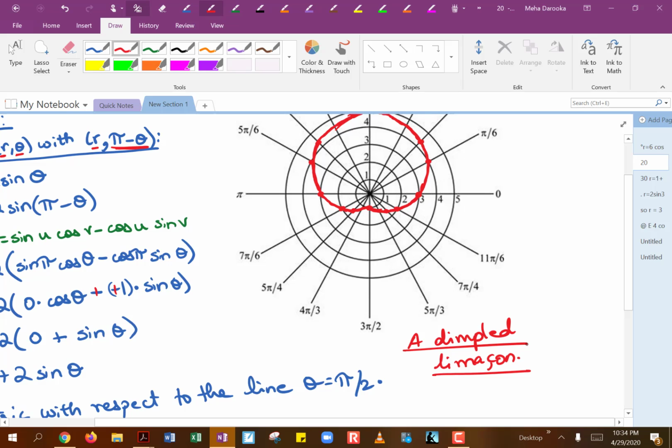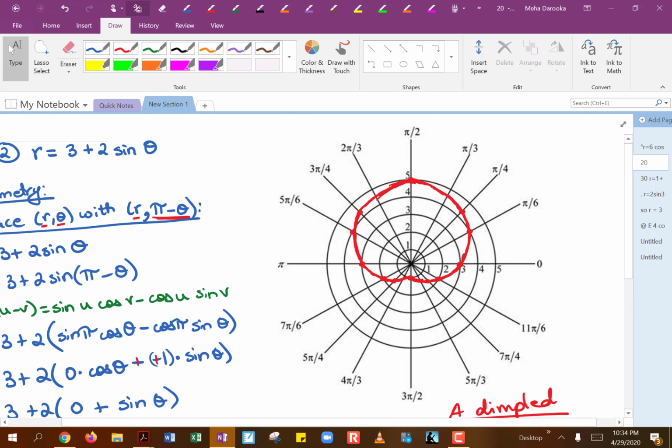And the reason it's called a dimpled limaçon is because if you look at this equation over here, we have r equals a plus b sine of theta, and the dimpling happens when this is true. If you have the value of 2b greater than the value of a greater than the value of b.